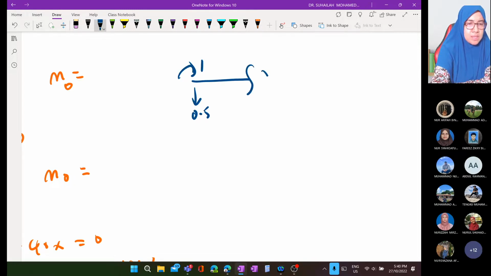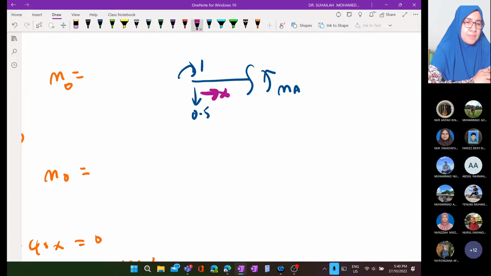This is the MA moment equation, X. What is the equation for this moment equation?